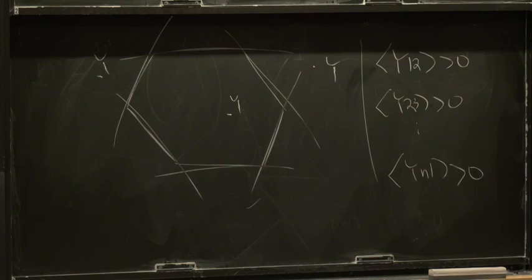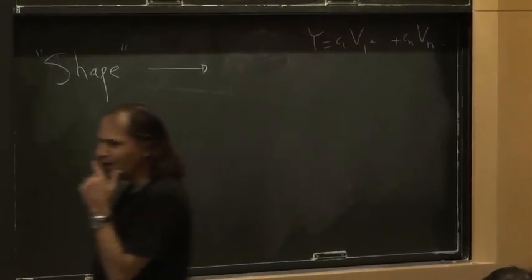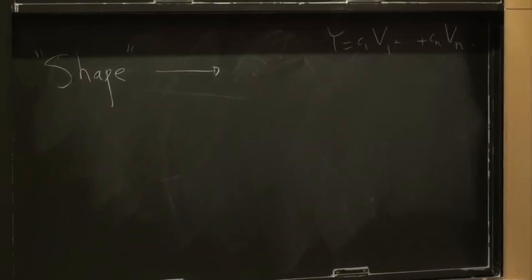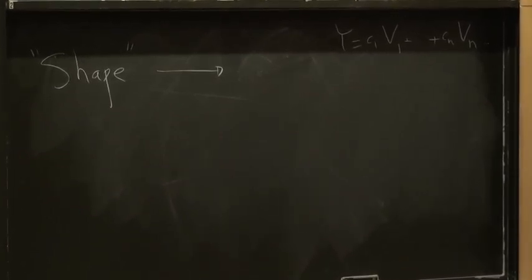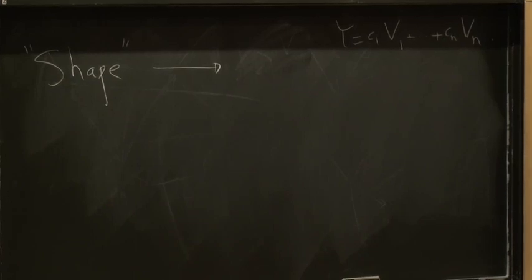So I give you a bunch of vectors. So y was c1 v1 plus up to cn vn. OK? What you want to do is say which subset of those vectors might actually be a facet of the polytope. That's what you're trying to figure out, right? So for example, here are the subsets that were facets, like 1, 2, 2, 3, 3, 4, and so on.